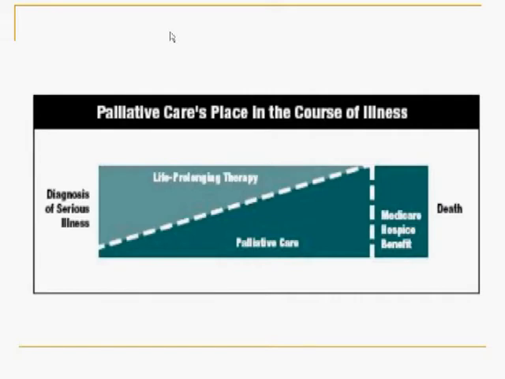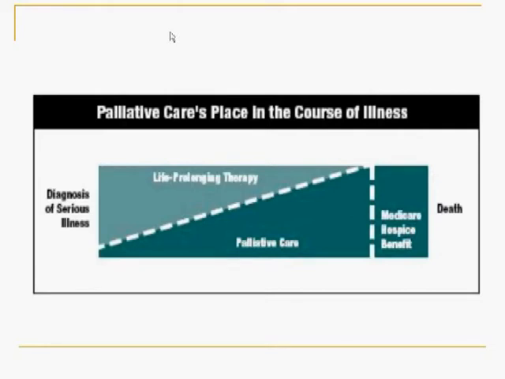But also at this point, we begin to consider palliative care. And palliative care has an increasing role as the disease progresses. And palliative care is bottom up. The focus is not on the diagnosis, but the focus is on the symptoms, and the goal is relief of suffering. And so the two work together like the yin and the yang.